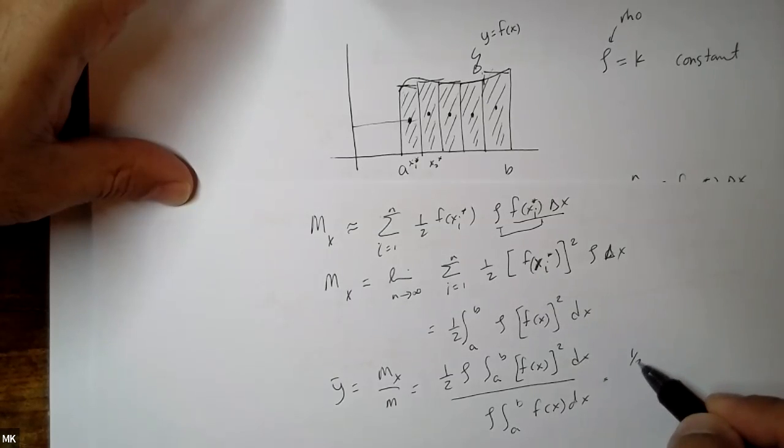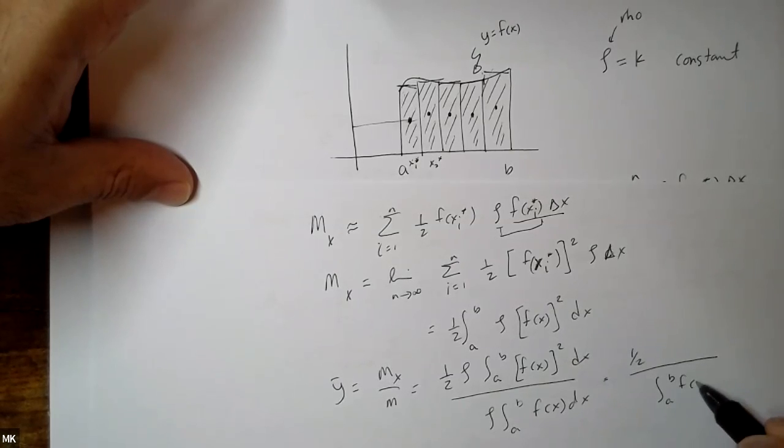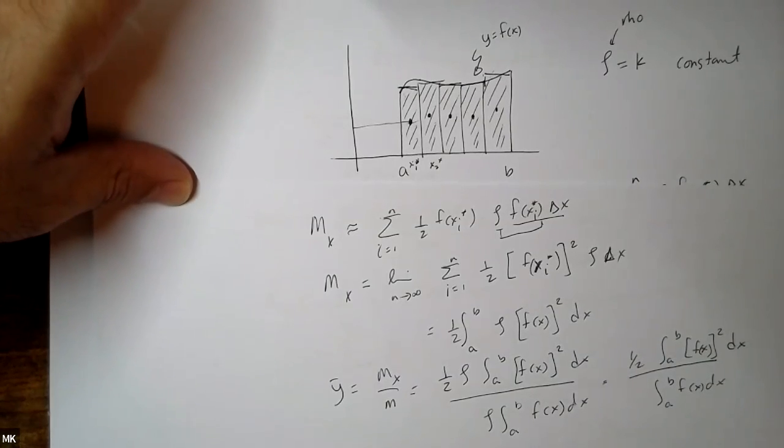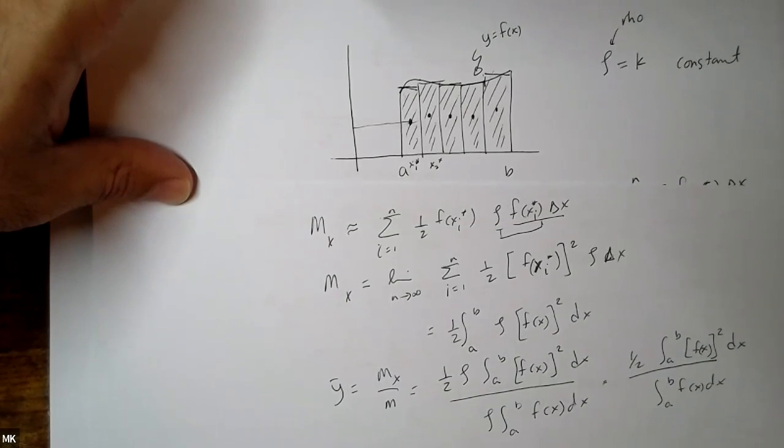So it's going to be one half, with the rhos cancelling out, the integral from a to b of f of x squared dx over the integral from a to b of f of x dx. So that's where the formulas come in that you use for center of mass.